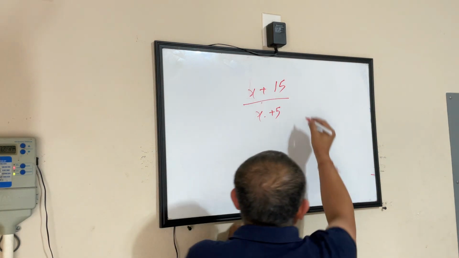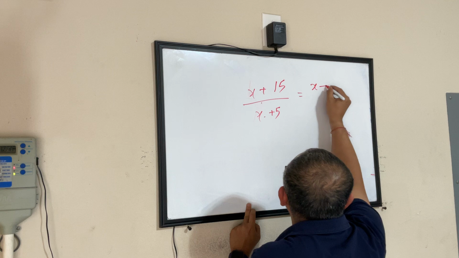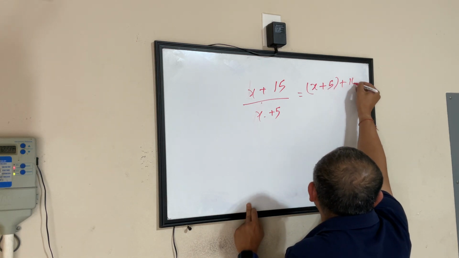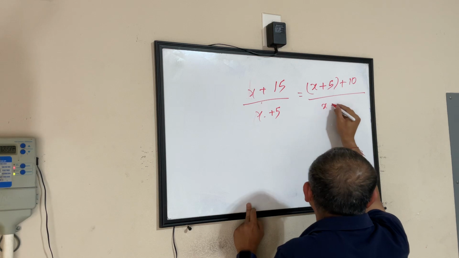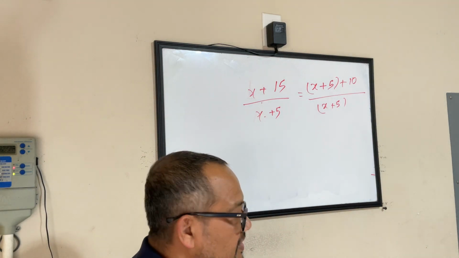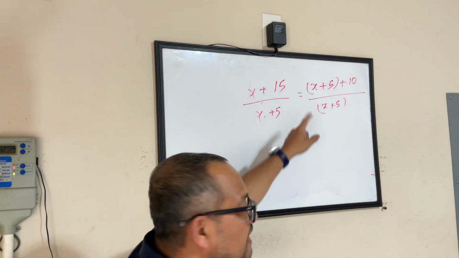So what I have to do is break it into two smaller pieces: x plus 5 plus 10. Now this looks like something I can work with.